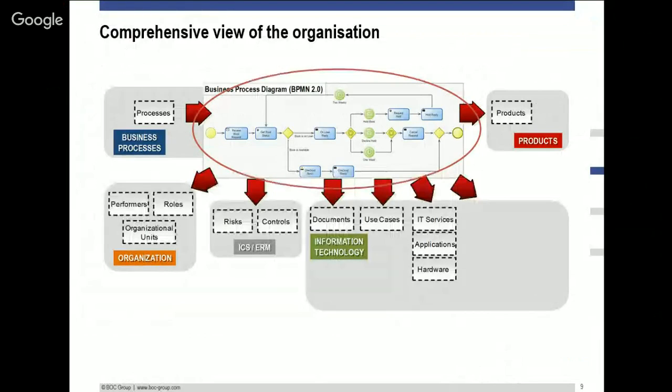BPMN allows you to create process diagrams that help you better understand what is happening inside your organization. Of course, this is not everything. Apart from BPMN diagrams, which are standard, you can also extend your description to other aspects. I'll cover some of them later on.